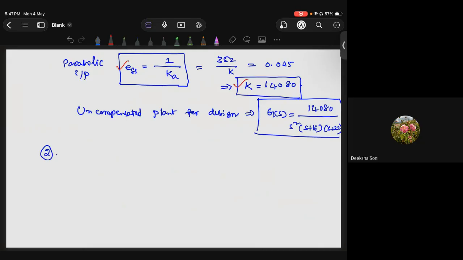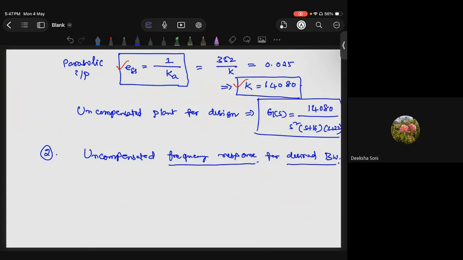Next, the uncompensated frequency response for the desired bandwidth.